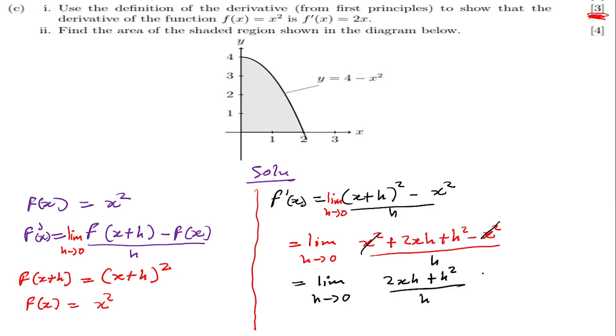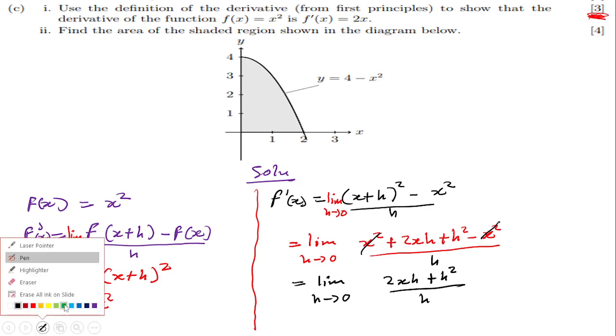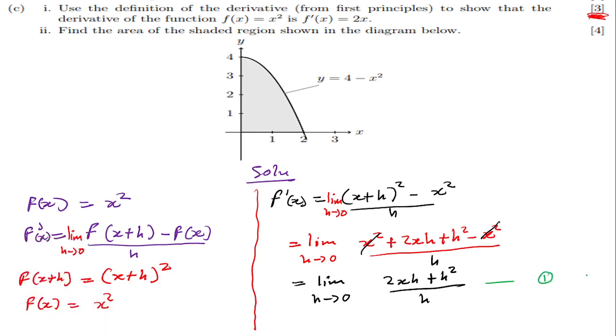Over h. So this part also has 1 mark. There is a mark here, 1 mark there. There is also a mark here. So out of 3 marks, 2 marks are going for the method mark.